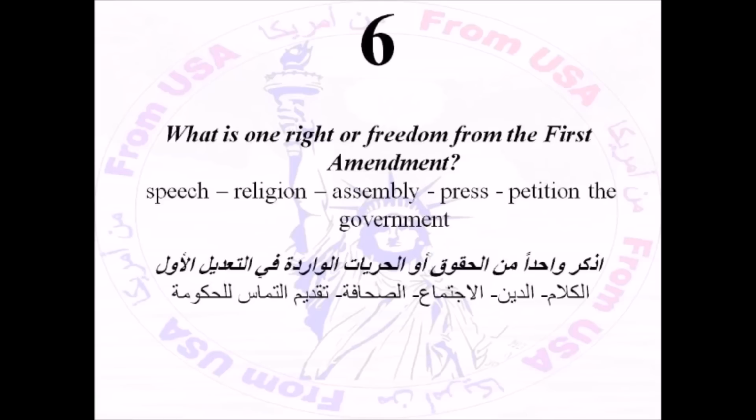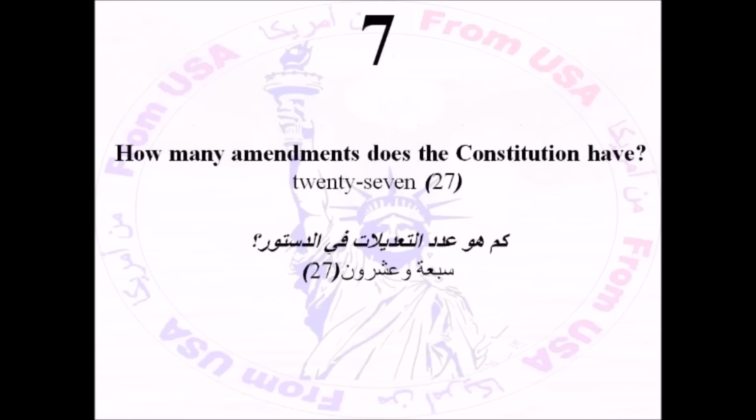So you can say freedom of speech, religion, assembly, press, or petition the government. Number 7. How many amendments does the Constitution have? 27.